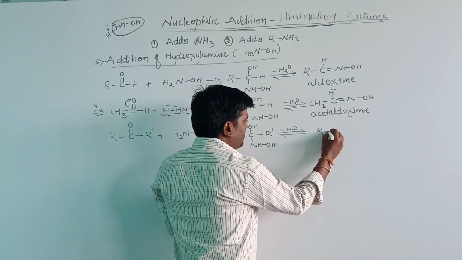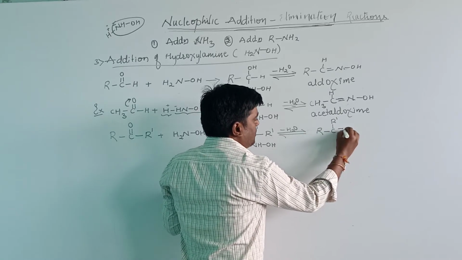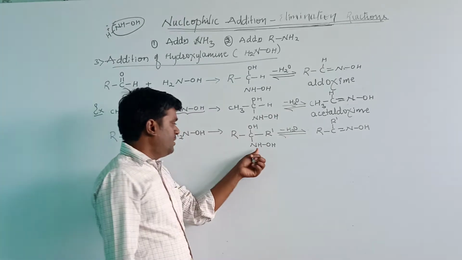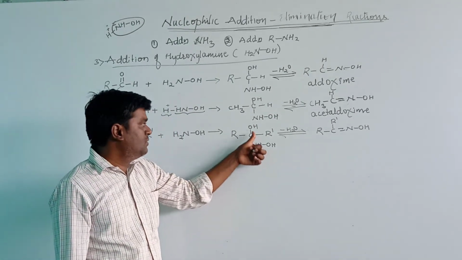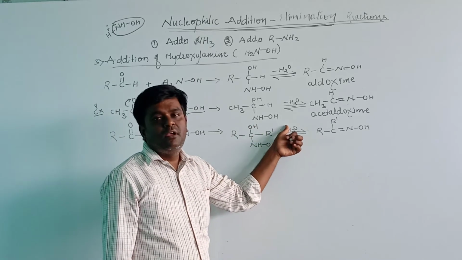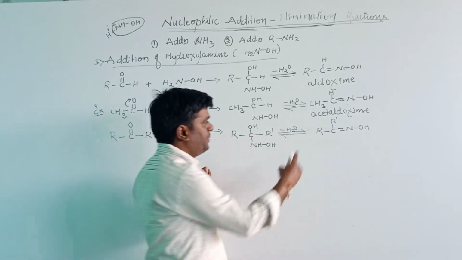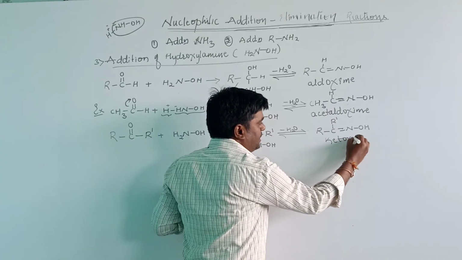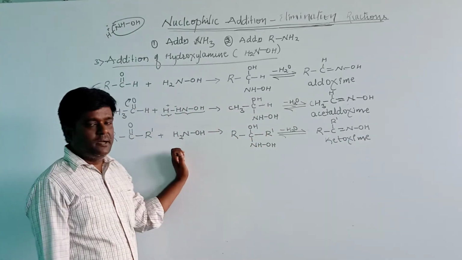Let us see how the ketoxime will be written. That is R, C double bond N, OH here, R dash. One of the hydrogen attached to the nitrogen combined with the OH group and gets converted to water molecules, and involves the dehydration to form a ketoxime here. The compound is the ketoxime. Let us take a particular example.